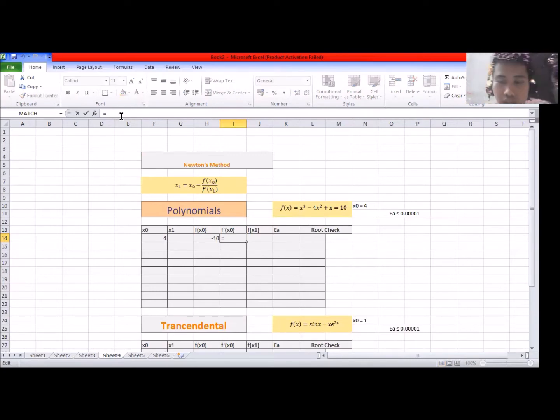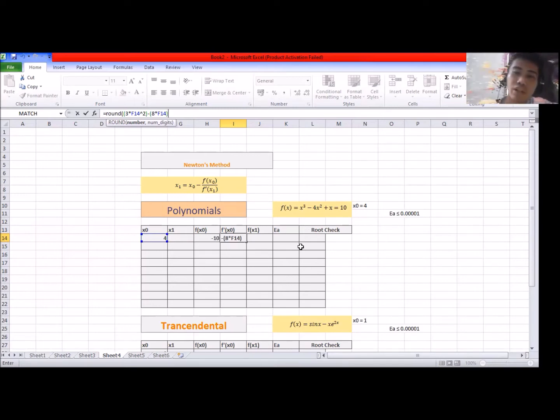The derivative of x cubed is 3x squared. Then 4x squared, then minus 8 multiplied by x, because the derivative of 4x squared is 8x.